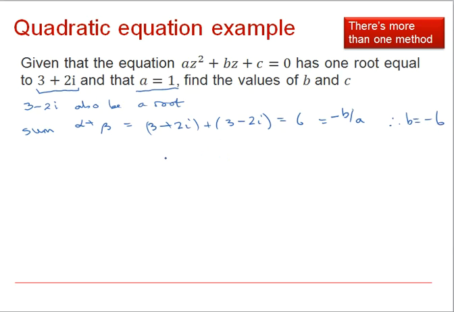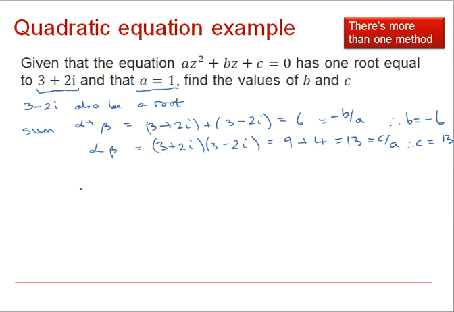If we look at the product, again reminding ourselves that this is like the difference of two squares, but of course you add as i squared equals minus 1, that must equal c over a. And that means that c equals 13 because a is 1. So we have therefore found b and c.